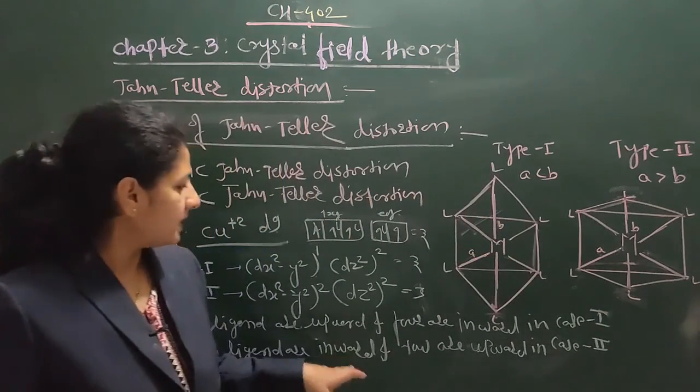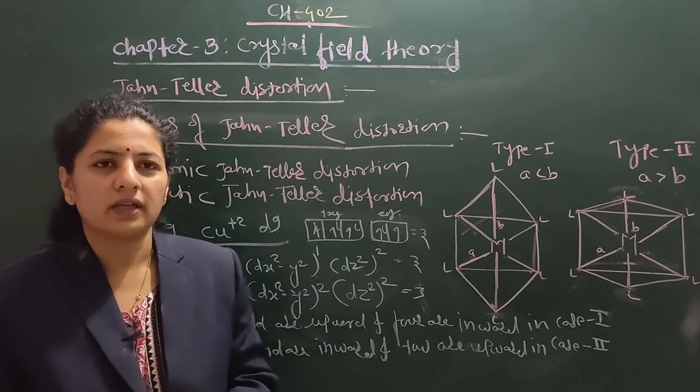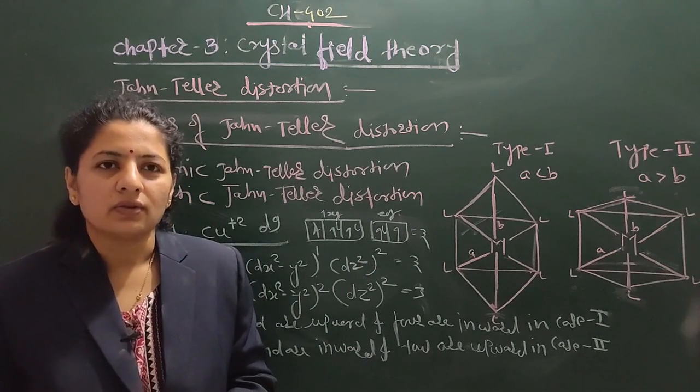So these are the two possibilities of this Jahn-Teller distortion in D9 systems. So this is all about the types of Jahn-Teller distortion. We will stop here.